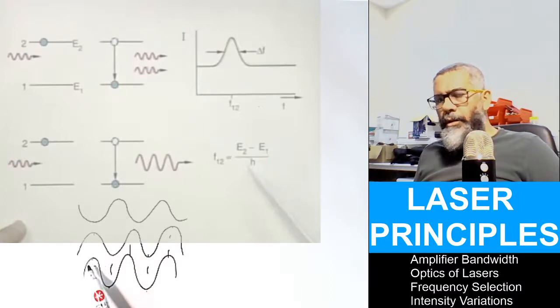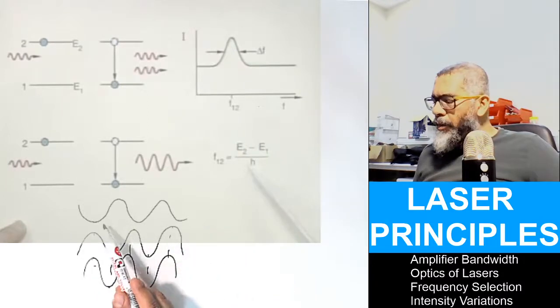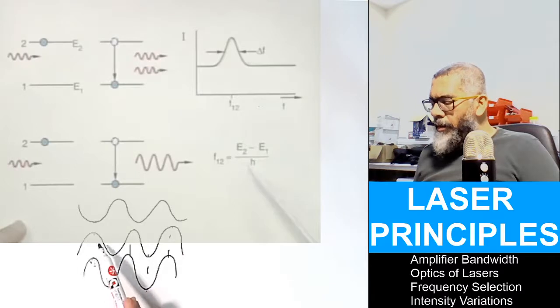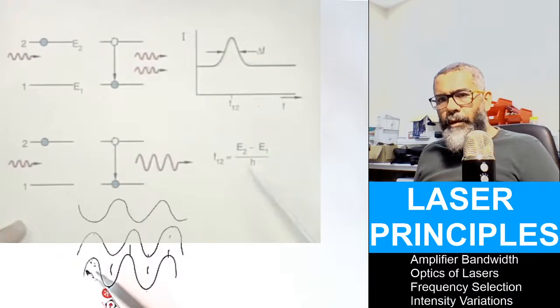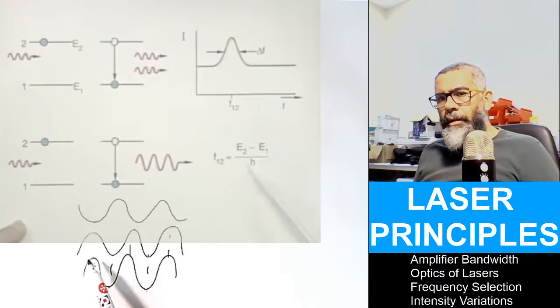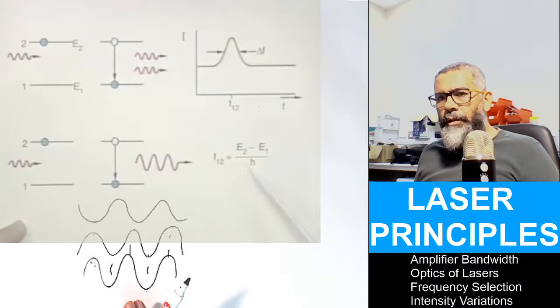In that case, you will have no light in the medium, because when these two waves are summed, if there are two waves at the same frequency, same wavelength, but out of phase, I mean one dip has the other peak, these waves will destroy their intensities by a process called destructive interference.